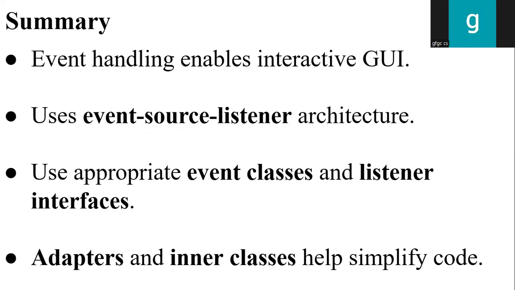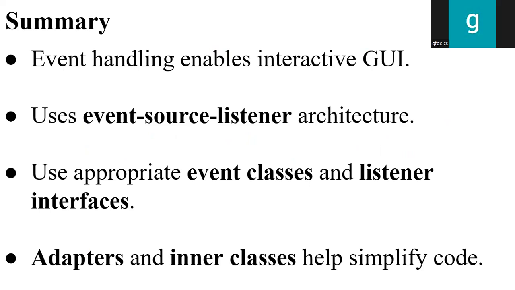I am going to summarize this particular unit, the first session. We have seen the event handling definition. Event handling is nothing but changing the state from one state to another state. Why are we handling this event? To make an interactive GUI. For that, what do we need? Event source and listeners.